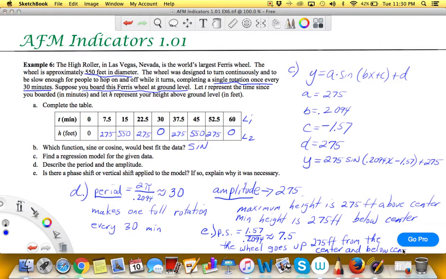I can't write over that, but this is an excellent problem to model using the sine function. So look over this, and hopefully you can get a better understanding of this particular indicator example.